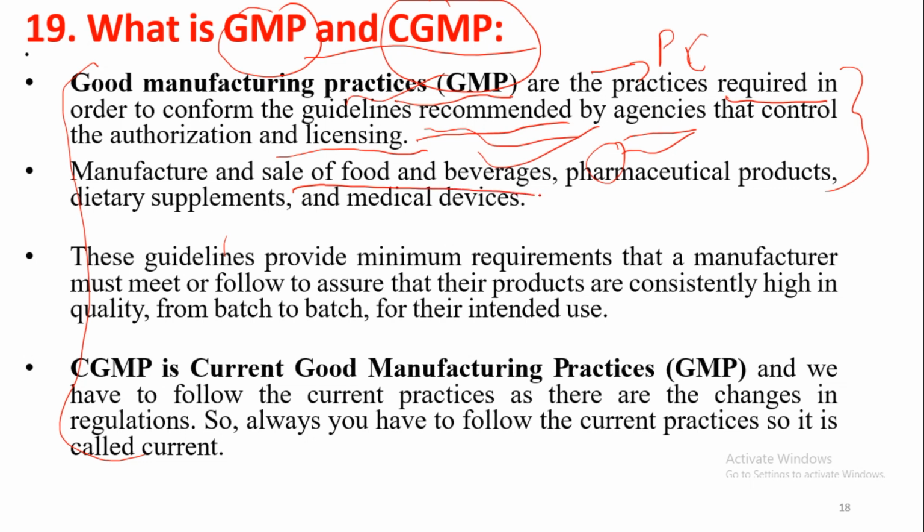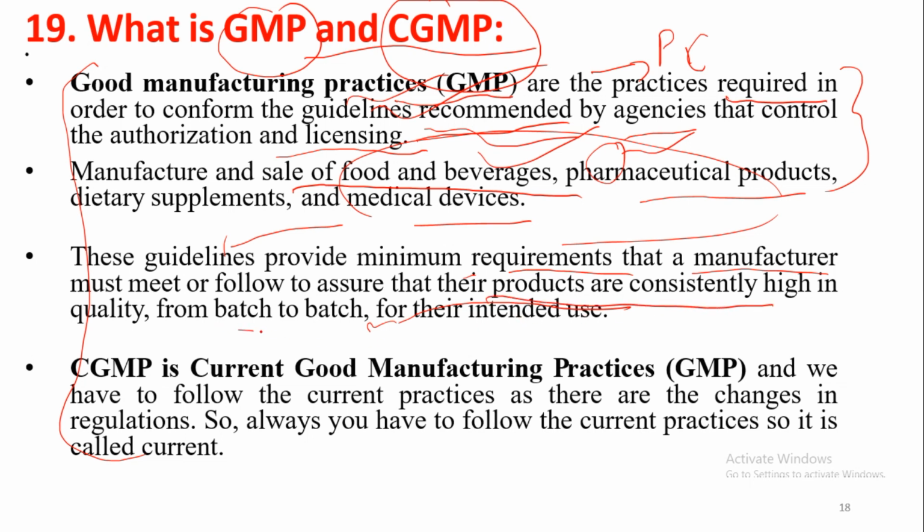Manufacture and sale of food and beverages, pharmaceutical products, dietary supplements, and medical devices. Whatever the products, you have to follow GMP. These guidelines provide minimum requirements that a manufacturer must meet to ensure that their products are consistently high in quality from batch to batch for their intended use.